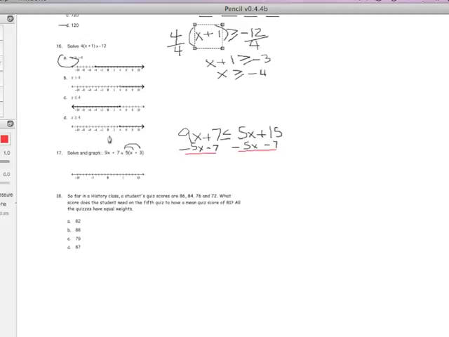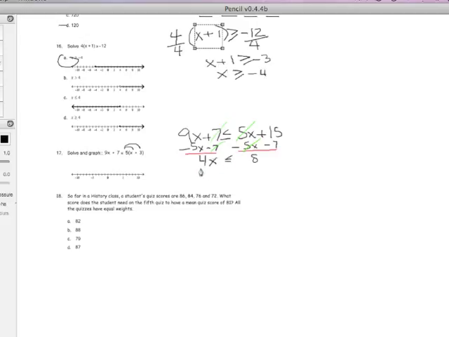Red is usually good when subtraction's involved. Over here you have 9x minus 5x is 4x. Plus 7 and minus 7 cancel. 5x minus 5x, cancel that. And we have plus 15 minus 7 is 8.